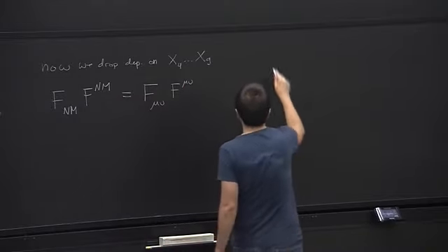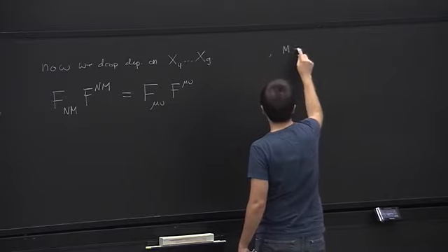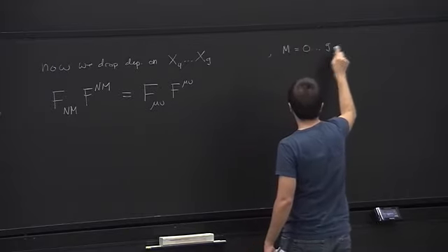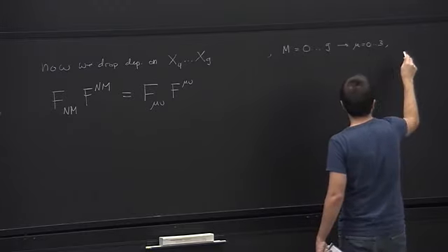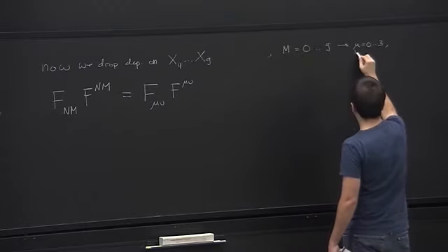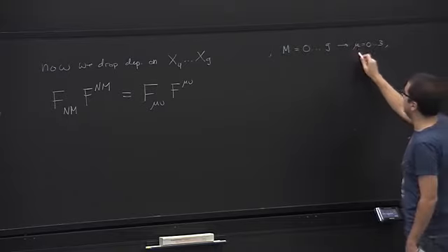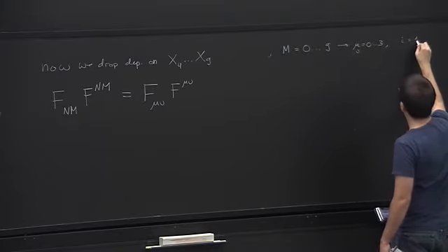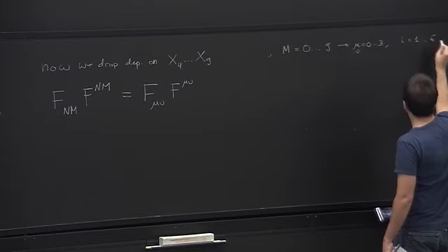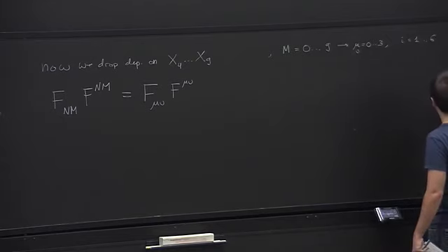So what we are doing is we separate this index M, which goes from 0 to 9, into some index mu that runs from 0 to 3. We use mu and nu for this kind of indices. And then some index I that runs from 1 to 6, which was before M running from 4 to 9.